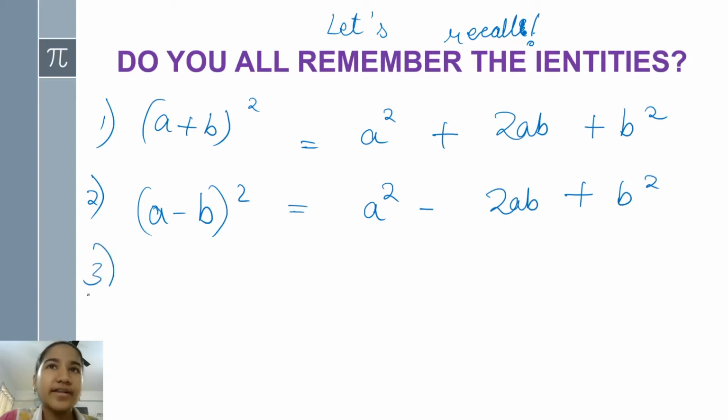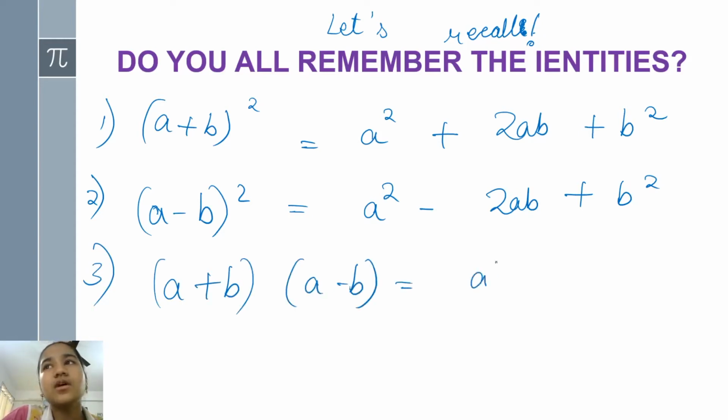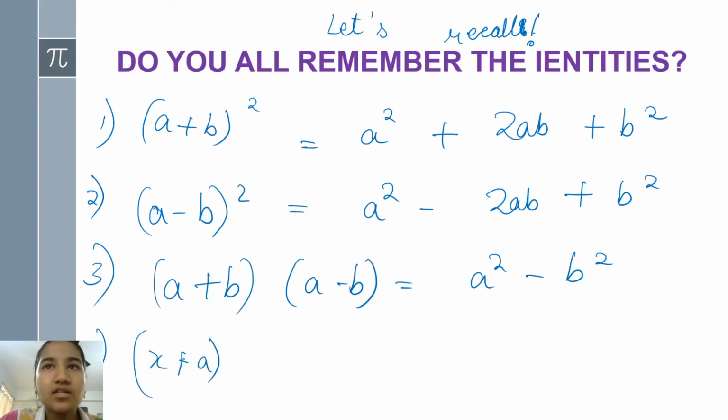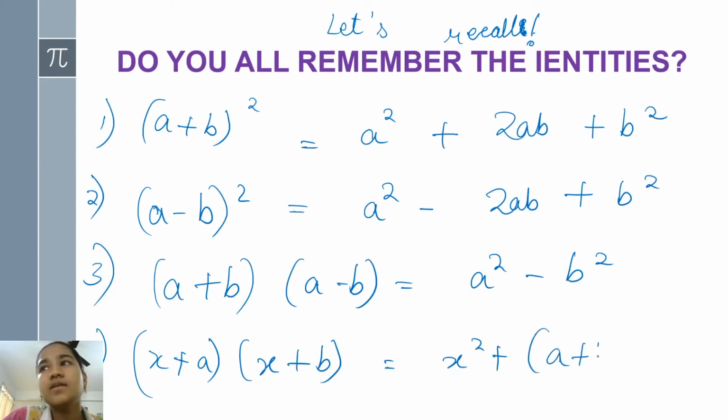The third identity is (a plus b) into (a minus b) is equal to a square minus b square. The fourth, the last identity but not the least, is (x plus a) into (x plus b) is equal to x square plus (a plus b)x plus ab.